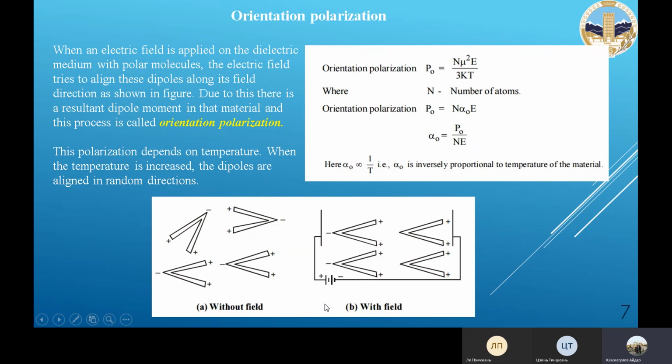Due to this, there is a resultant dipole moment in that material, and this process is called orientation polarization. This polarization depends on temperature. When the temperature is increased, the dipoles are aligned in random directions. Orientation polarization formula, this one, where N is the number of atoms, P is orientation polarization, and this one is polarizability.